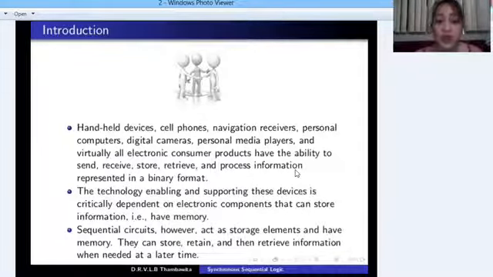The technology enabling and supporting these devices is critically dependent on electronic components that can store information, for example, memories. Sequential circuits, however, act as storage elements and have memory. They can store, retain, and even retrieve information when needed at a later time.